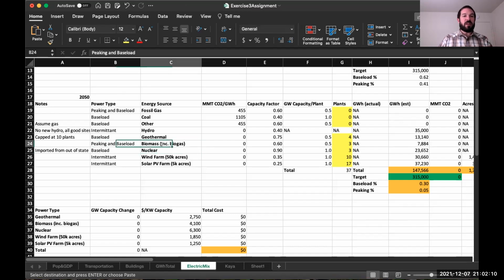You know, peaking and base load, these are actually often very different plants. I've kind of homogenized them here. I've brought them together. But a natural gas peaking plant is a very different kind of plant than a base load natural gas plant. Okay, and I've just kind of homogenized it and said it's the same thing for simplicity's sake. Okay.